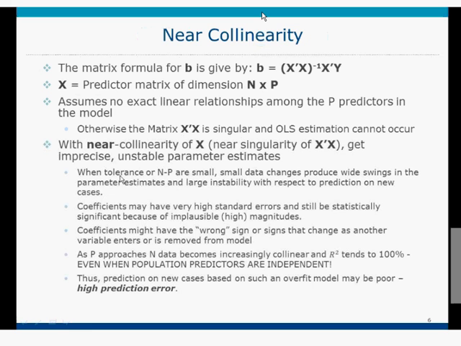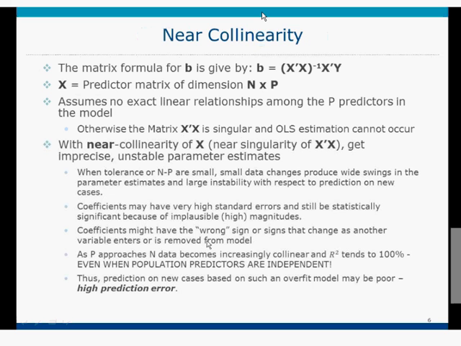Now, I'll define the tolerance in a minute, but if that's small for any predictor, or if, again, as the number of predictors approaches the sample size, n minus p is small, then small data changes produce wide swings in the parameter estimates and large instability with respect to prediction on new cases. Coefficients may have very high standard errors and still be statistically significant, possibly because of implausibly high magnitudes.